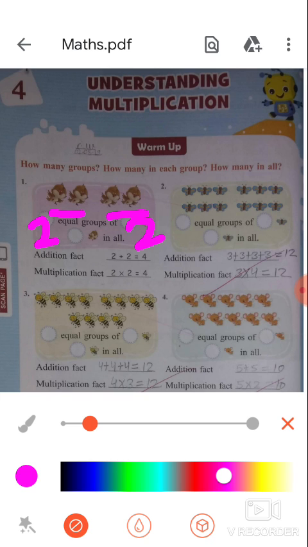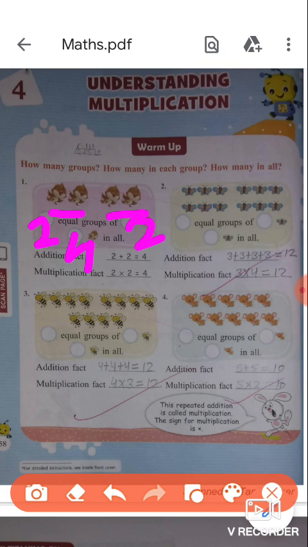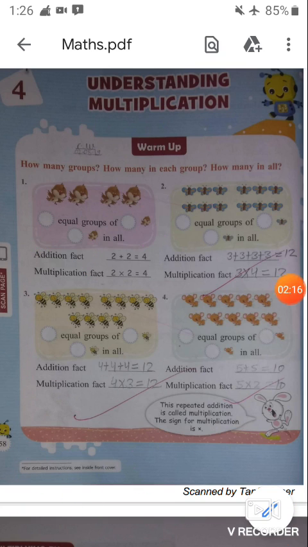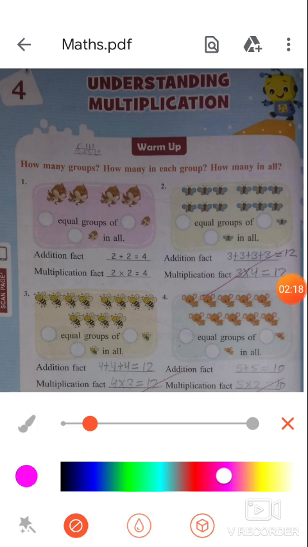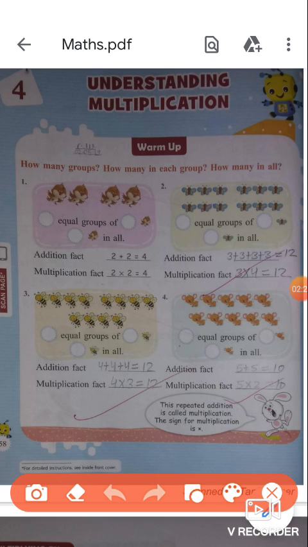When we add 2 and 2, we get 4 in all. So there are 4 birds in all. Students, the addition fact is 2 plus 2 equals 4, and the multiplication fact is 2 multiplied by 2 equals 4.